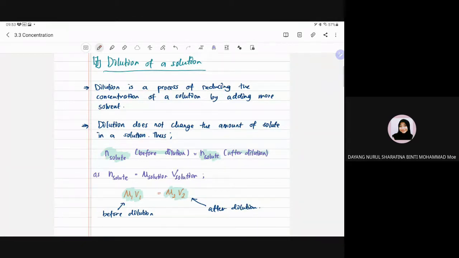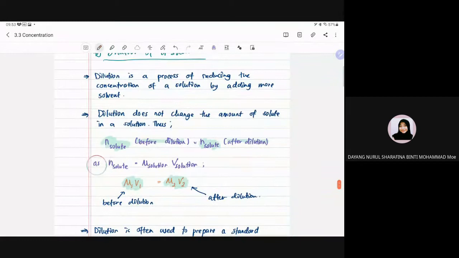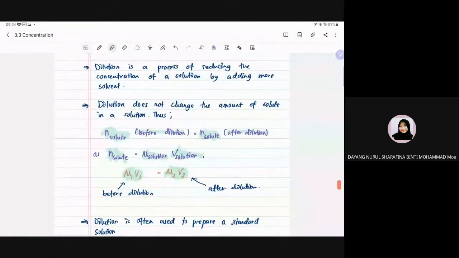Okay? So, sebab number of mole of solute, kalau kita tengok dari segi formula, okay, number of mole of solute sama dengan molarity dengan volume of solution. Jadi, kita masukkan formula yang ini ke dalam yang atas, number of mole of solute sebelum dilution dan selepas dilution, kita akan dapat formula M1V1 sama dengan M2V2.